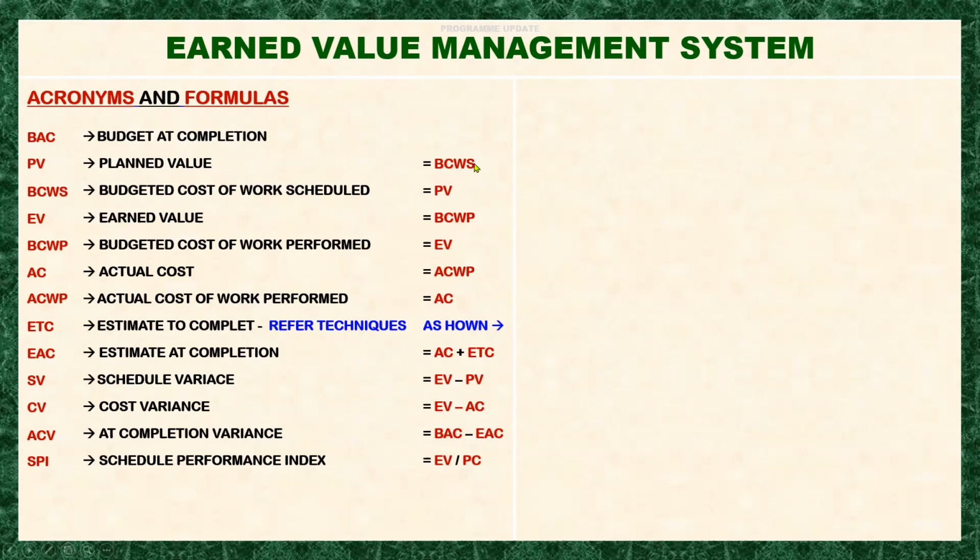Okay, or say BCWS. If you change it into BCWS, you have to use the earned value as BCWP, because if you are using the other terminologies, let's say BCWS, earned value, you can use BCWP divided by BCWS, okay?